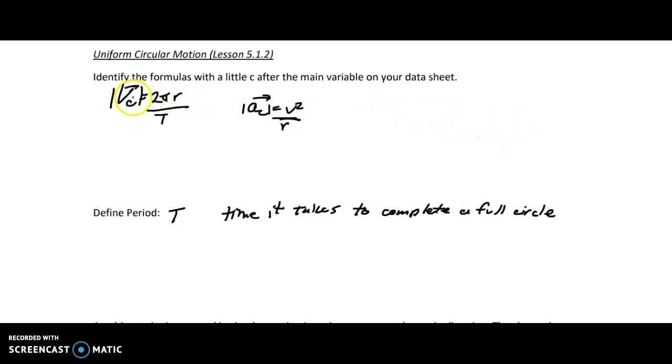Now, if we take this velocity, square it, and divide by r, you wind up with this formula, 4 pi squared r over t squared. Again, vector with absolute values around the side.